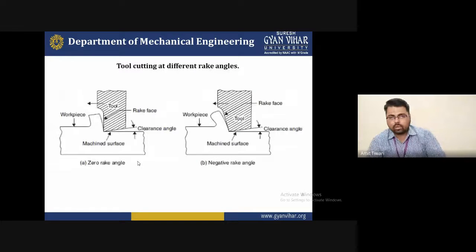Now the tool cutting at different rake angles, as I mentioned in the diagram: portion A indicates a zero rake angle, and B indicates the negative rake angle. What is the zero rake angle? Discussing in detail, you can see in this diagram the workpiece, and the tool starting to cut and remove material in the form of a chip.